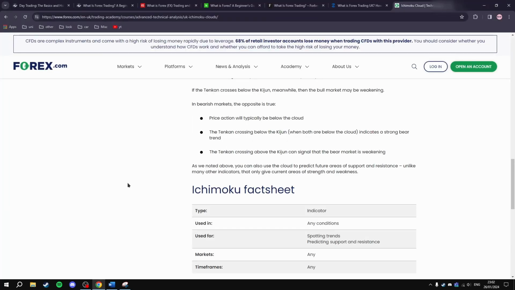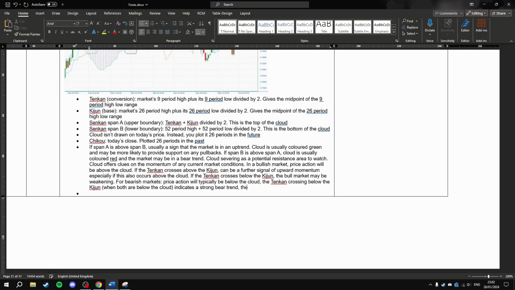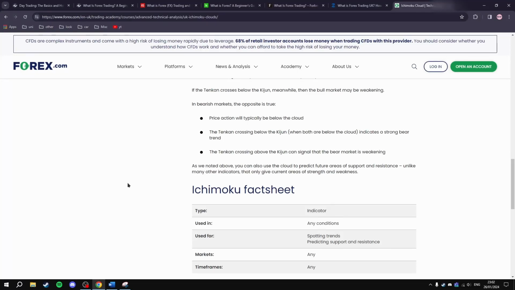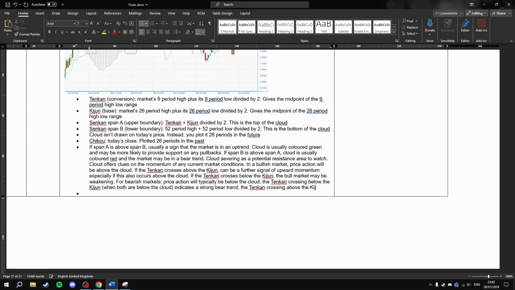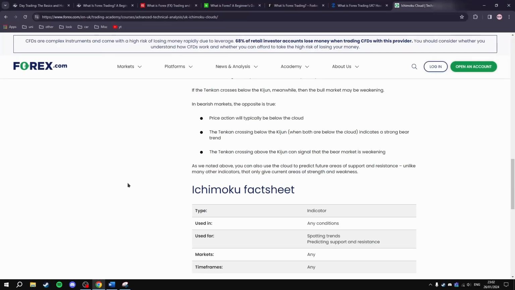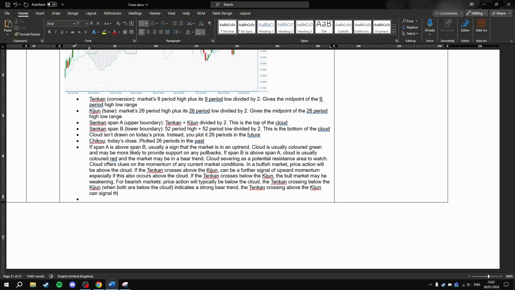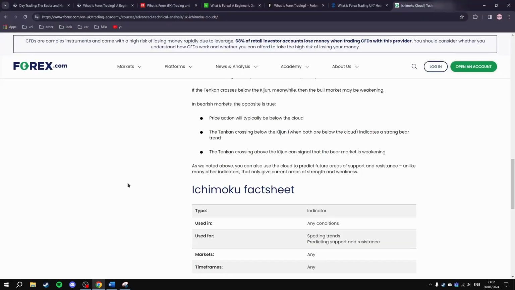The Tenkan crossing above the Kijun can signal that the bear market is weakening.